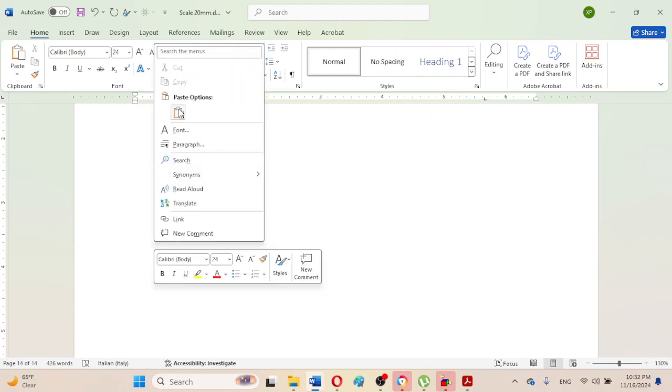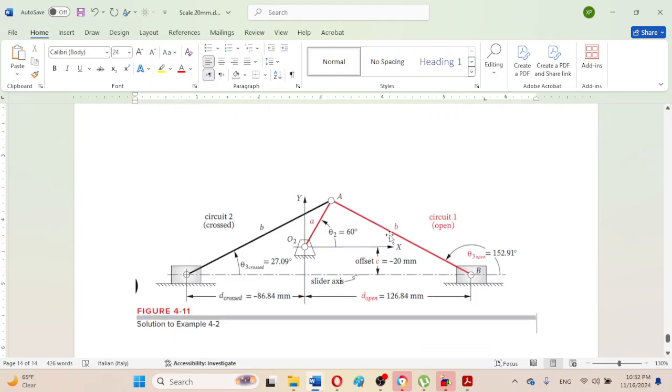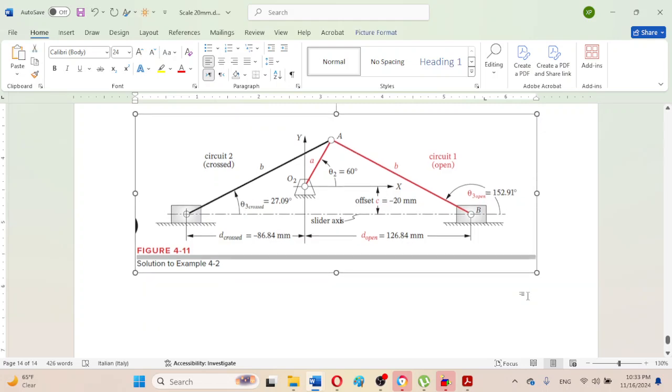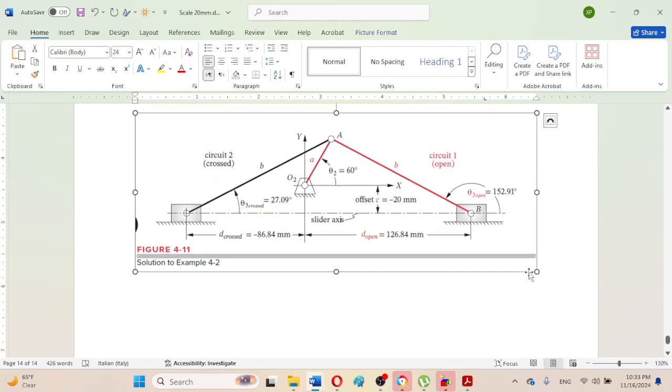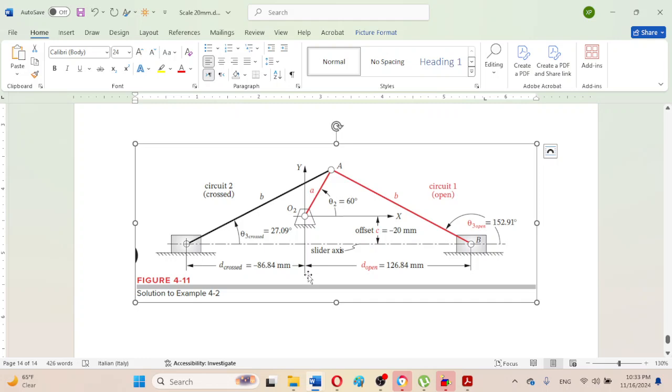Here, for example, I have pasted the diagram just to save time and to avoid drawing it freshly. But to draw such diagrams on Microsoft Word, I have explained the procedure in several other videos, so you can consult them. They are available on YouTube.